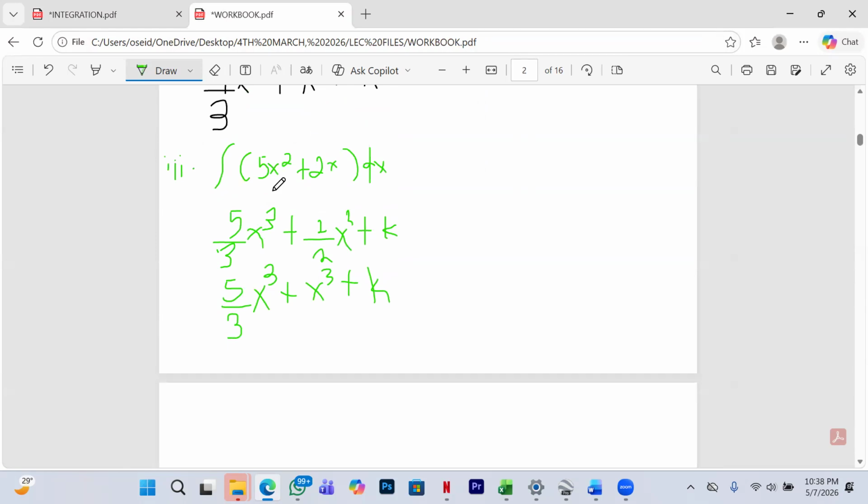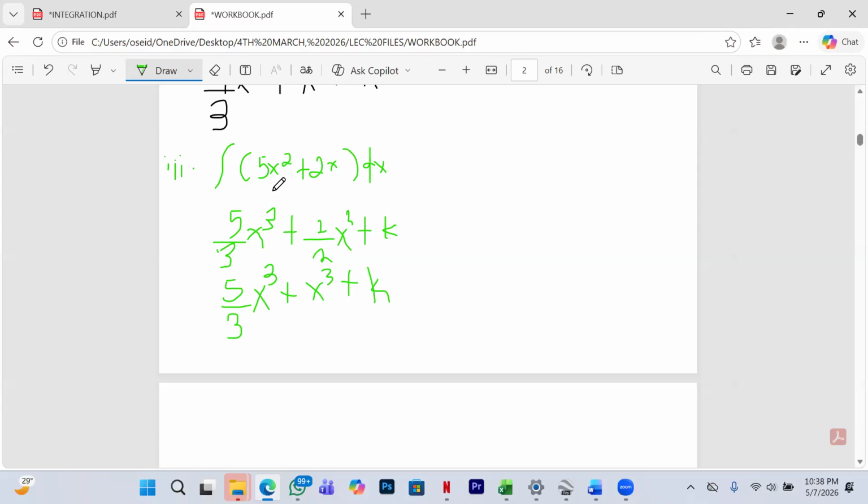Okay, thank you for your question. So when we are integrating, we add 1 to the exponent, right? I understand that because the question says 5x squared plus 2x, which means the exponent is 1.